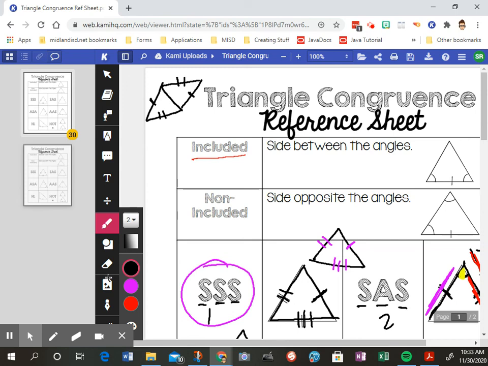What do I know about this third side right here? It's like they're being shared. They're sharing that side. So a property that we're going to learn in a few days is that if they're sharing that side, that side is congruent to itself. So what would we say these triangles are congruent by? Side, side, side. Make sense? It takes some practice.